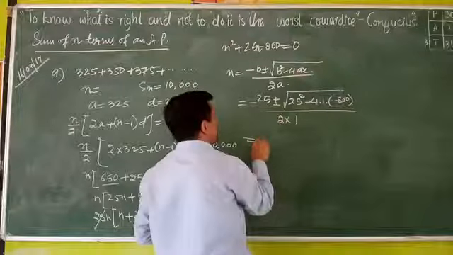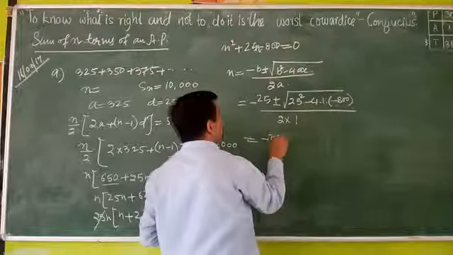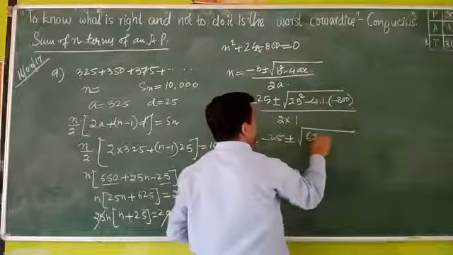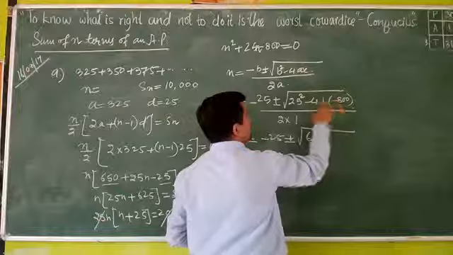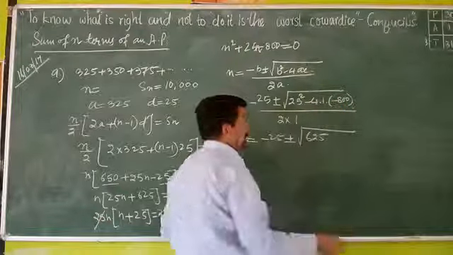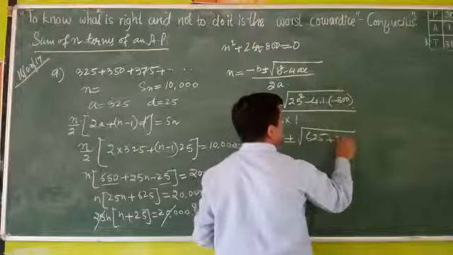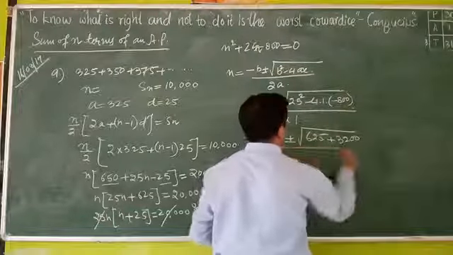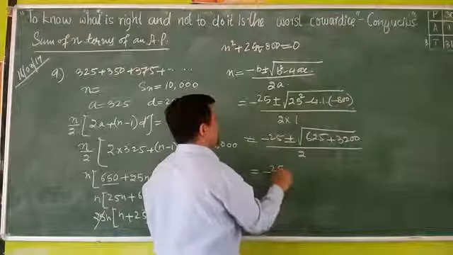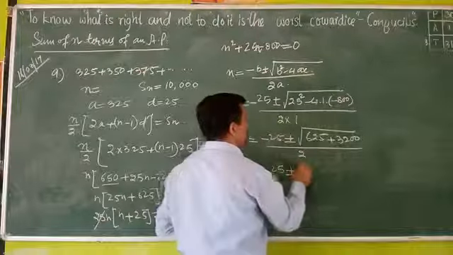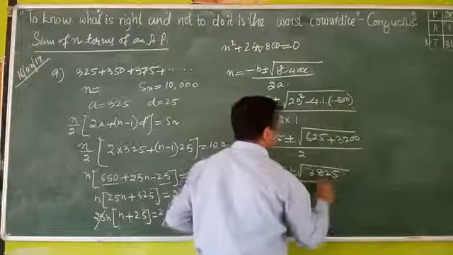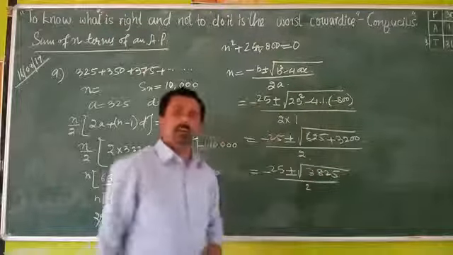This is minus 25 plus minus root over 625. This minus plus, when you are multiplying this whole thing, there are two negative quantities, so the product will become positive. And this is finally 3200, so negative 25 plus minus root over 3825 divided by 2.